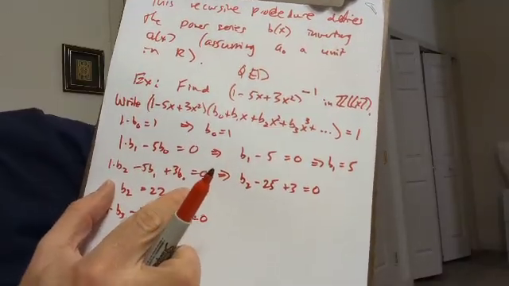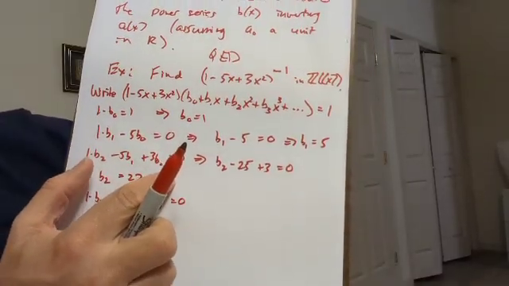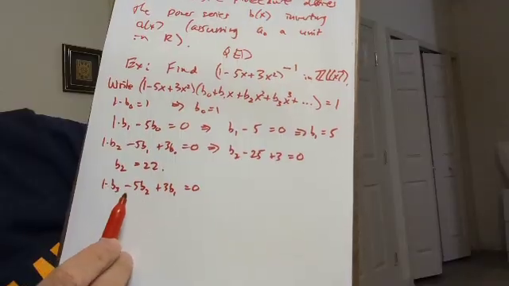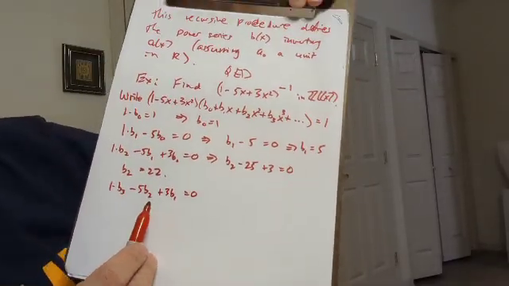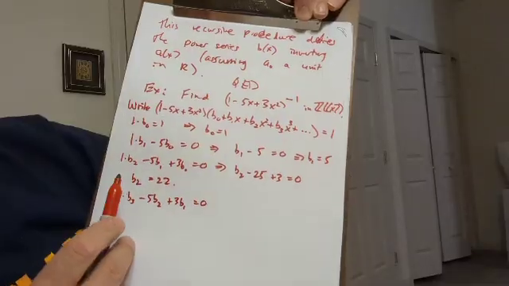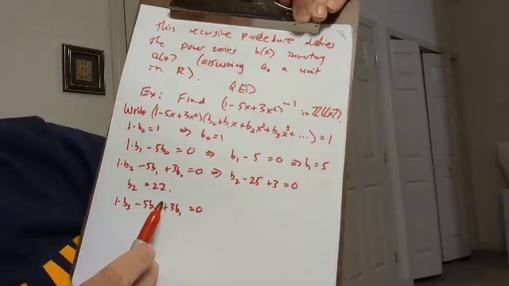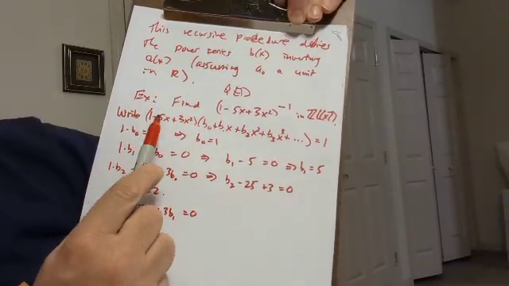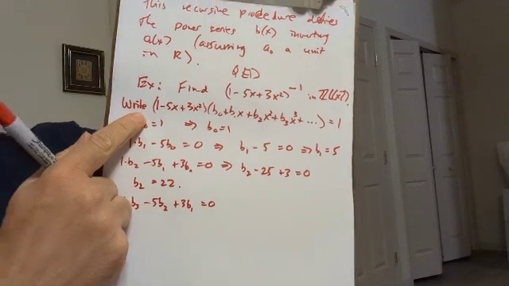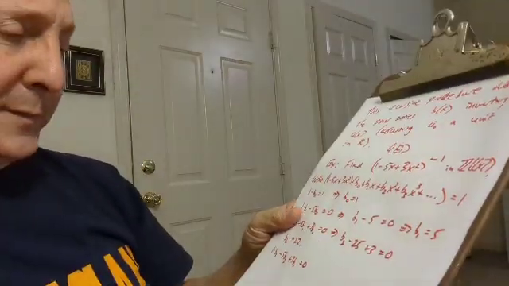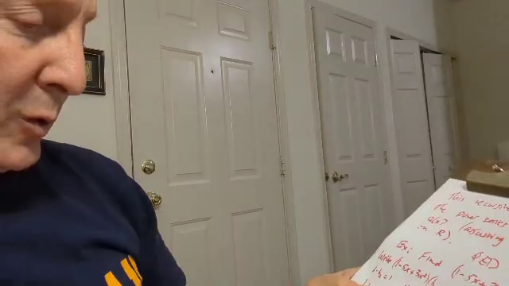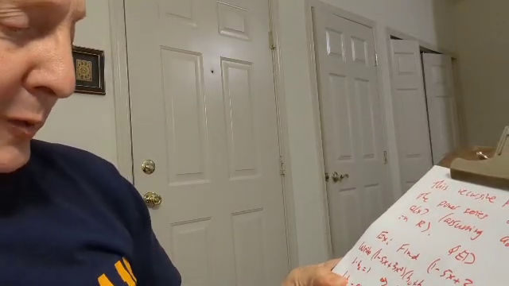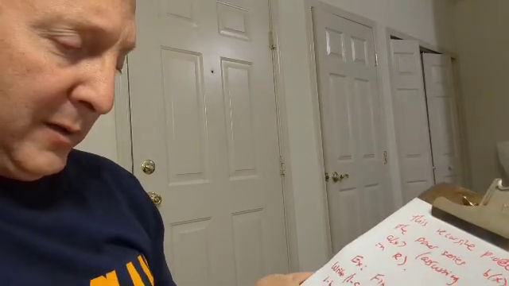I guess that's a lot like the last equation we got here: 1 times b2 minus 5 times b1 plus 3 times b0. So the coefficients 1, negative 5, 3 are the same. I guess that really comes from the 1, negative 5, 3 here in the first polynomial. So let's see, we solved for b1 and b2 already.